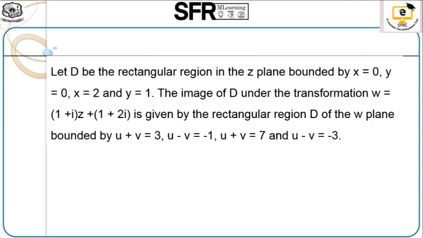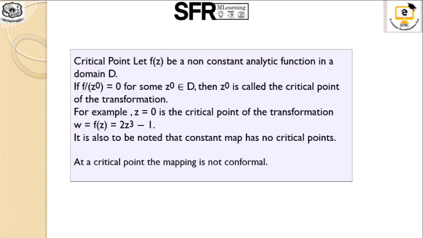The image of D under the transformation W equal to f of z gives also a rectangular region D dash in the W plane. Then the values are u plus v equal to 3 and u minus v equal to minus 1. In the same way, u plus v equal to 7 and u minus v equal to minus 3. Here also the mapping is defined as an isogonal mapping.